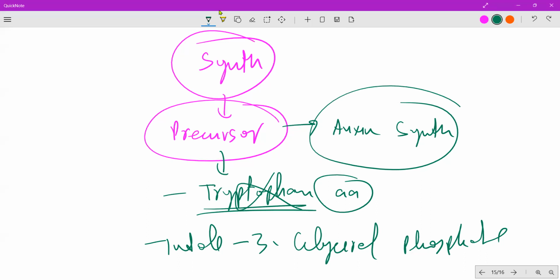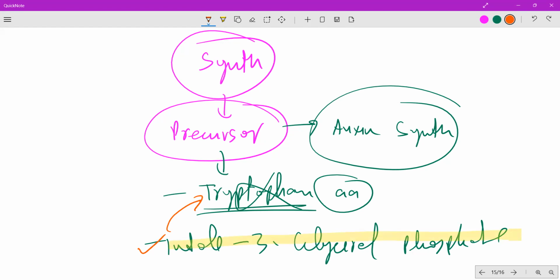Most of the students thought the question itself was wrong, because everyone knows tryptophan is the precursor. But tryptophan was not an option there. The examiner is very smart. One of the options given was indole 3 glycerol phosphate, and we know indole 3 glycerol phosphate is the precursor for the synthesis of tryptophan. So this is also correct.